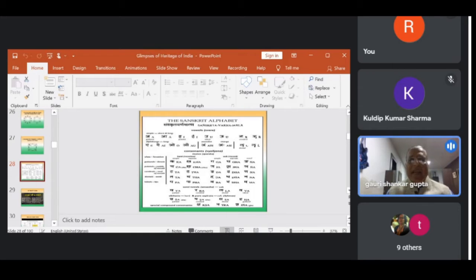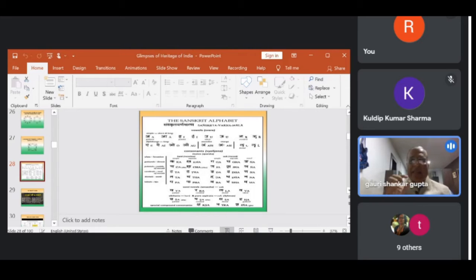That is ka, kha, ga, gha, na. Then you go to the next one, cha, chha, ja, jha, na. It is slightly further down in the upper part of the mouth. There are different names, guttural and labial and dental, for those pronunciations of different consonants.